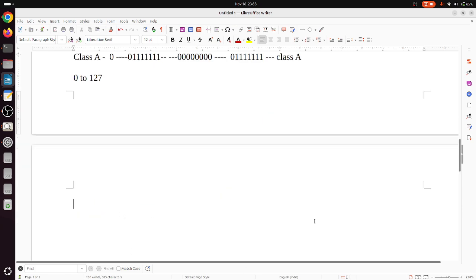When we go with class B, the number starts with 10 and closes with 10. So this will be your number. If you analyze back, the number goes to this number.